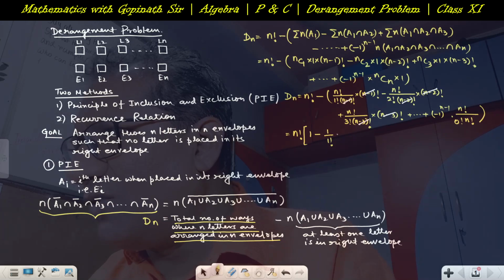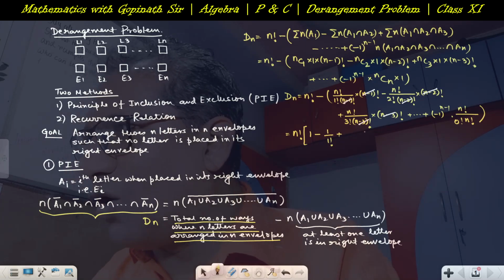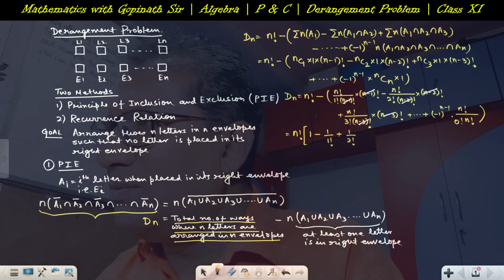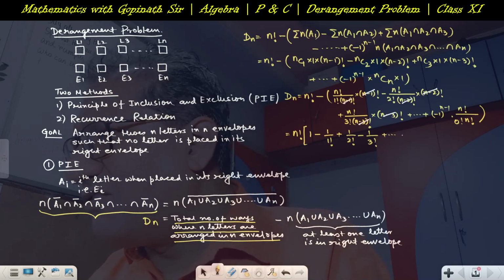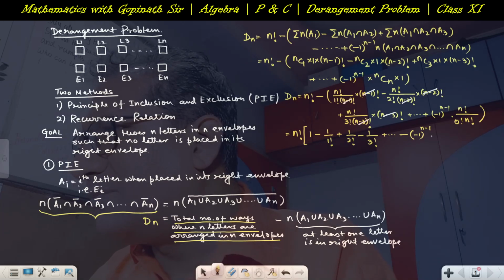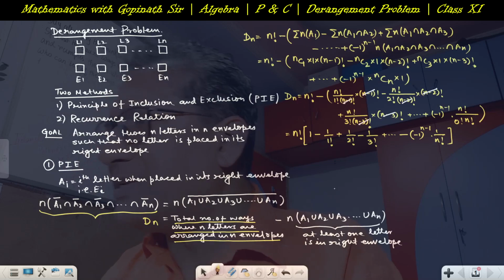And from the second one, factorial n is already taken common, so we are left with 1 by factorial 2. From the third one again we are left with 1 by factorial 3, and this thing goes on. And when we have opened the bracket, the last one will be minus 1 whole to the power n minus 1 into 1 over factorial n, right?